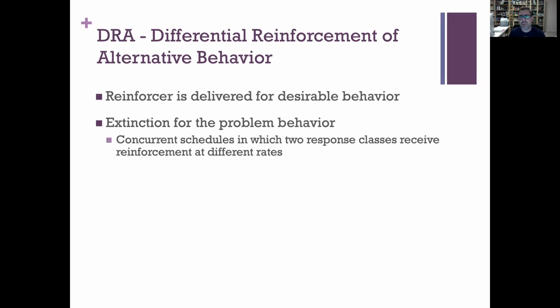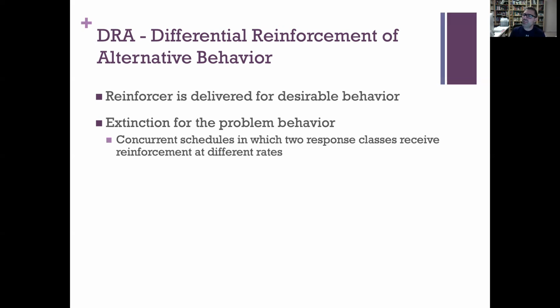When we talk about differential reinforcement of alternative behavior, we're really talking about a concurrent schedule of reinforcement. So we have two schedules of reinforcement in which two response classes receive reinforcement at different rates. You have one class of responses, which are the appropriate behavior, and it may not always look the same every time it occurs.